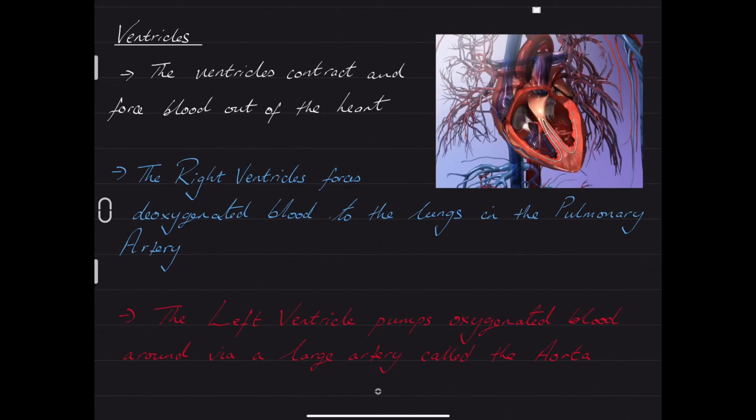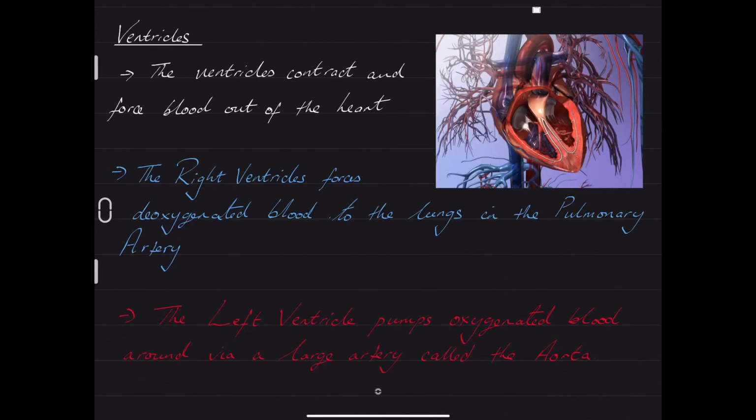I'll repeat again. The right ventricle is forcing deoxygenated blood to the lungs via the pulmonary artery. The left ventricle pumps oxygenated blood around via a large artery called the aorta.